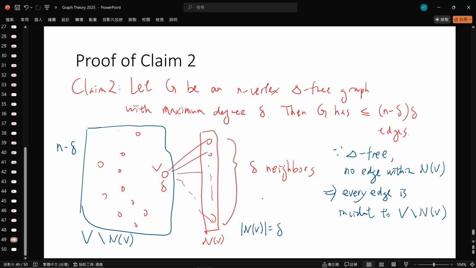So this says you cannot have both endpoints within this red set, which implies that at least one of its endpoints is in this blue set. Okay, so every edge in this graph has at least one endpoint in the blue set. Okay, so that's why every edge is incident to this blue set.